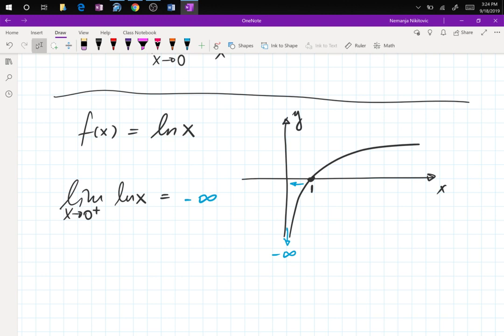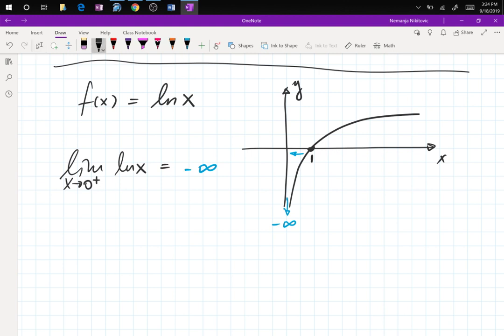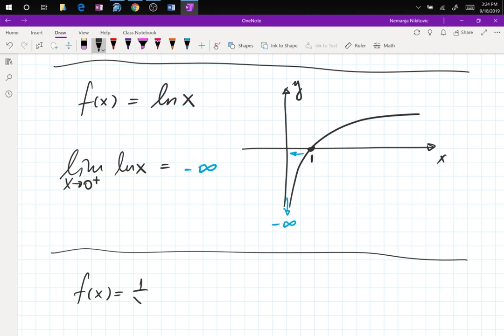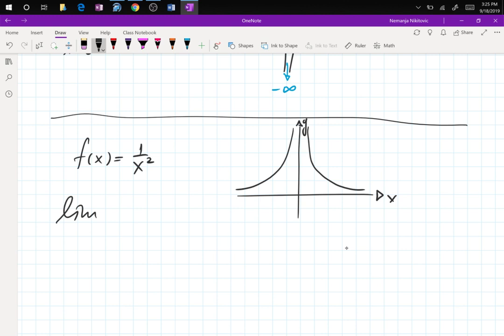So you have two one-sided limits and the third, the overall limit. Let's do also f of x equals 1 over x squared, because that one is good. This is where the overall limit from both sides is going to be infinity.